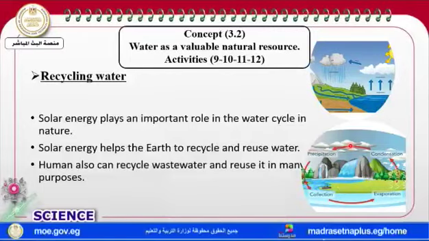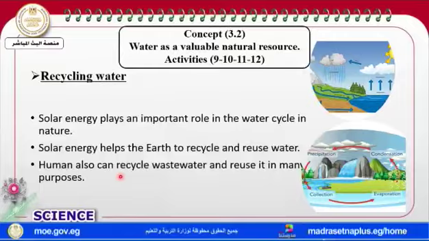The water cycle, the solar energy helps the earth to recycle and reuse what? Recycle and reuse the water. And the human also can recycle the water and reuse the water for many purposes, like what we said before, like in irrigation.